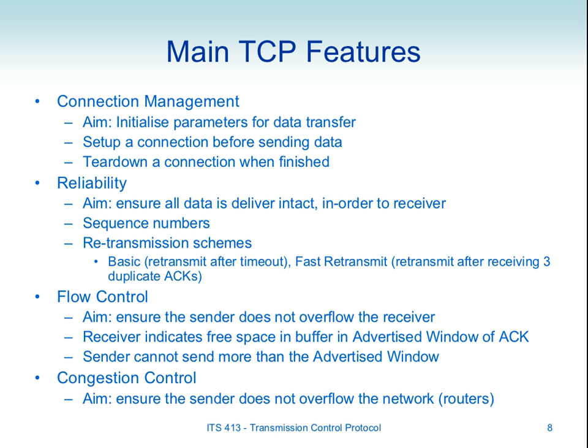The advertise window is a parameter stored at the source. So when we send back a segment with the window field in the segment set to 1,000, then the source here will set the advertise window equal to 1,000. So the advertise window is dependent upon what the other host sends to us in the segment, the window field. And that's one limit of how much we're allowed to send at a time.